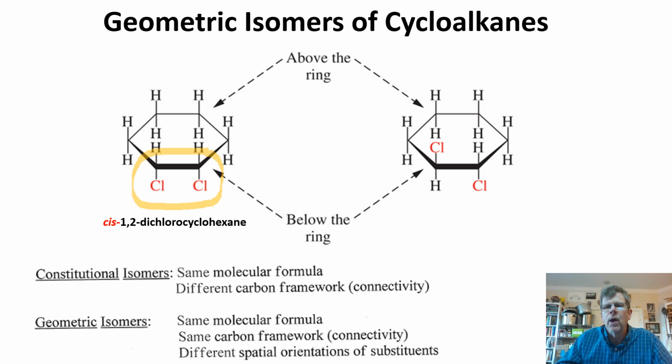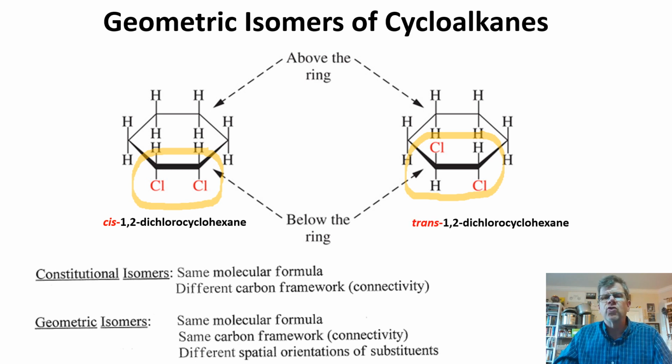1,2-dichlorocyclohexane. When we have the other situation where there are two chloro groups on adjacent carbons, but they're on opposite sides of the ring, well, we could say that they are transposed from one another. And that brings us to the other modifier, trans 1,2-dichlorocyclohexane.